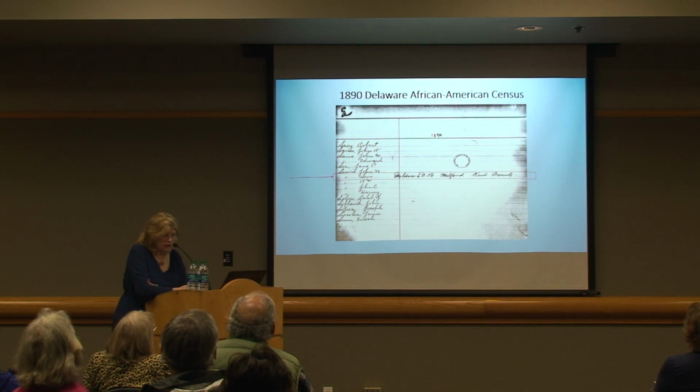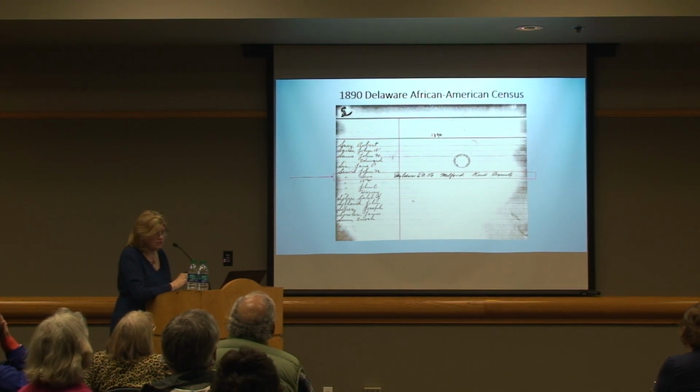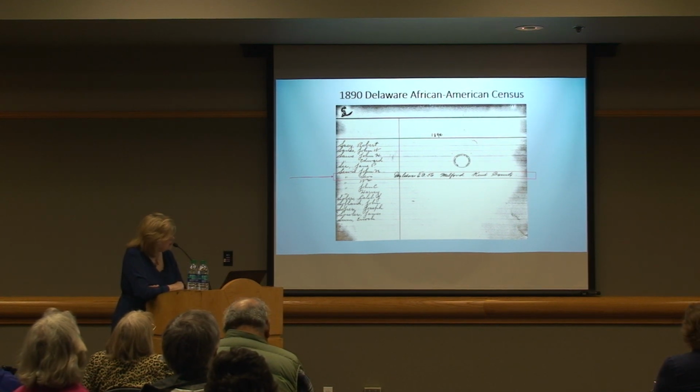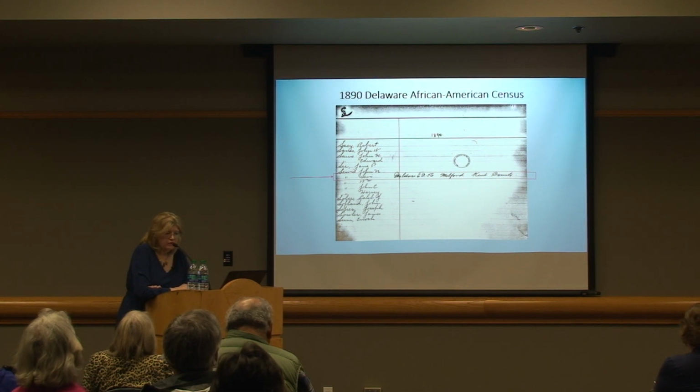One of the smallest and least known census substitutes is the Delaware African American census. This list was composed of African Americans who lived in Delaware both in 1890 and also 1900.